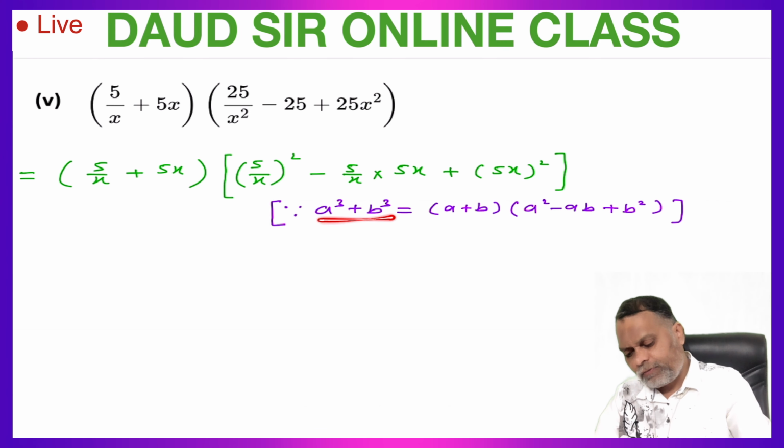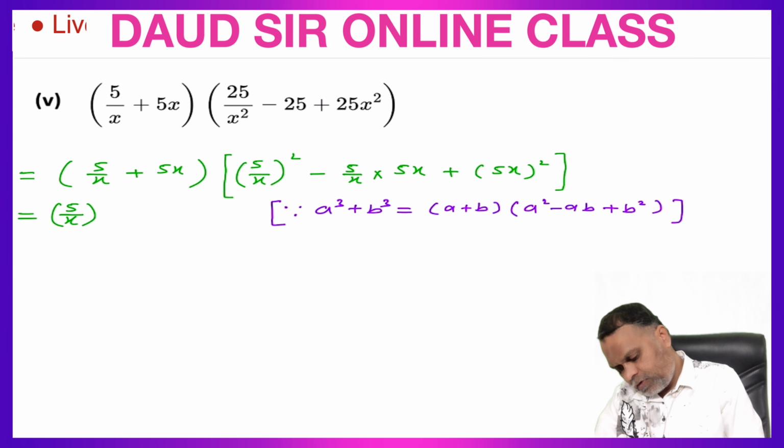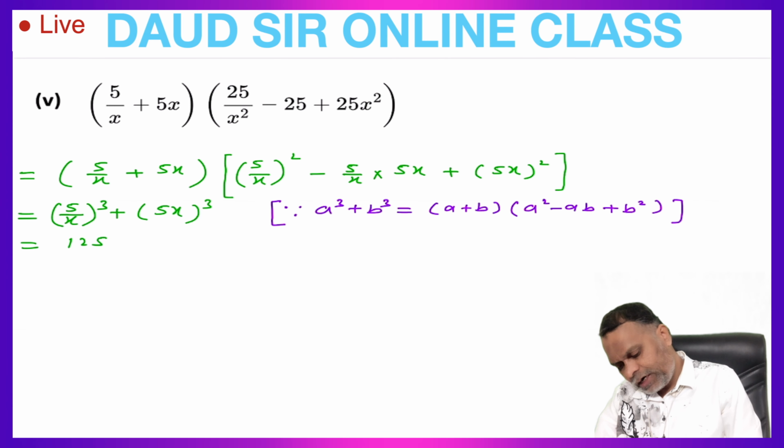This we can write as a³ + b³, where a is equal to 5/x and b is equal to 5x. So it is equal to (5/x)³ + (5x)³, which is 125/x³ + 125x³, since 5 fives are 25 and 5 twenty-fives are 125.